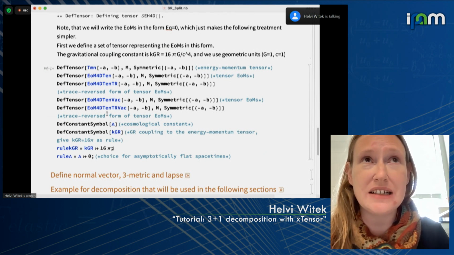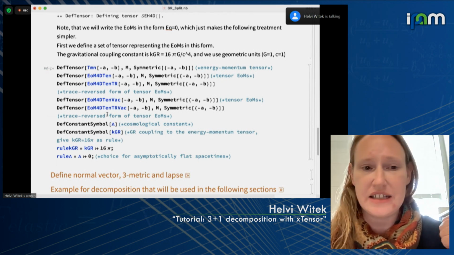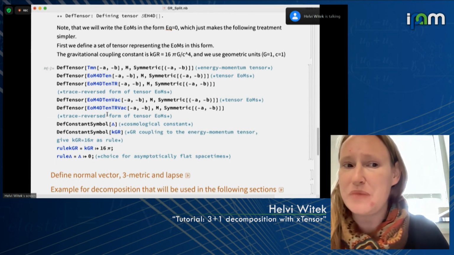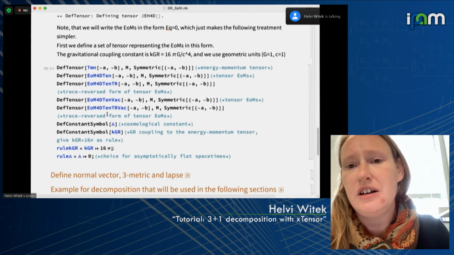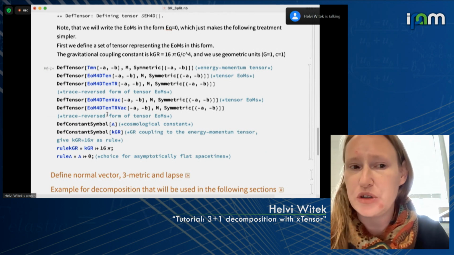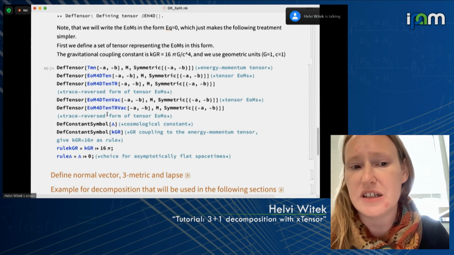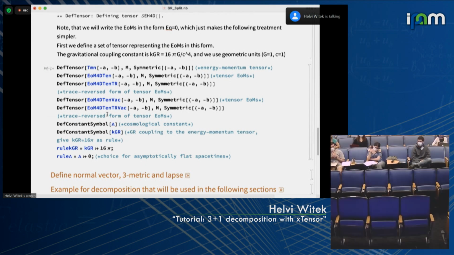To have a clean calculation, you want to make sure that you define your quantities either as a tensor or as constants. You don't have to do that, but then xTensor may complain if you're trying to simplify later on, and if you want to canonicalize your expressions. So this is xTensor specific. Okay, thanks.